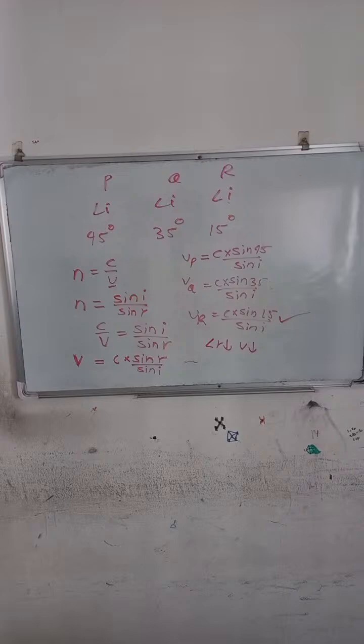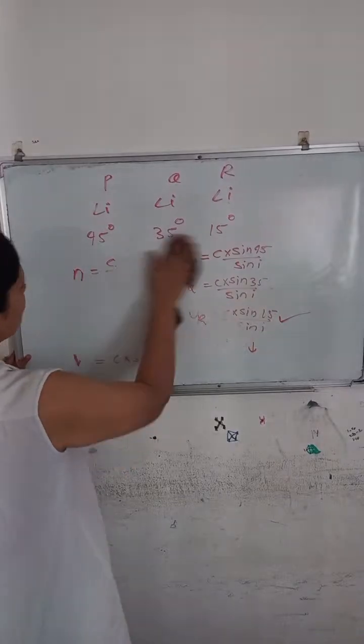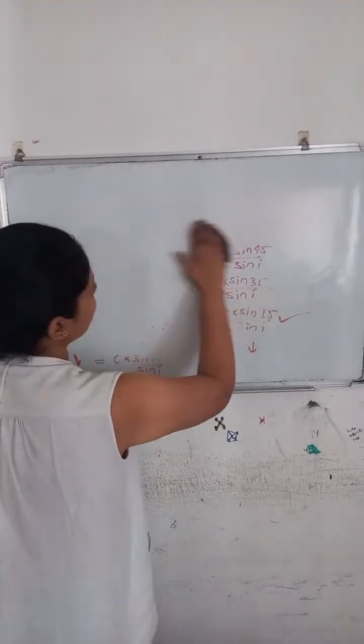Find the speed of the light in the water. The speed of light in the vacuum is given, 3 into 10 raised to 8 meter per second. So the speed of light in the vacuum is nothing but the speed of light in the air, that is given. Here we have to calculate the speed of light in water.